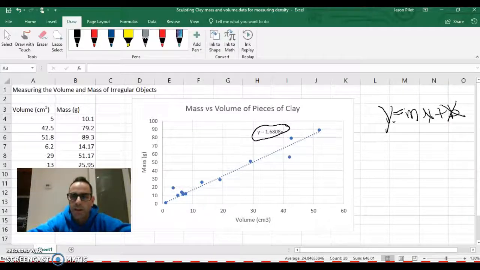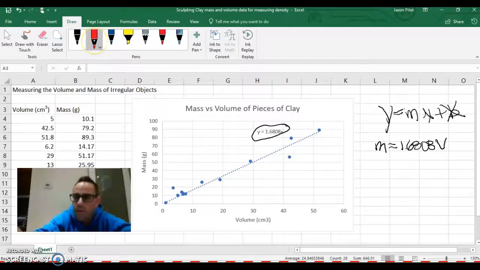So if I put in mass for y, mass = 1.6808, and I put in volume for x because that's what it represents, I now have a relationship. If I want to find my mass, I multiply my volume by 1.6808, and that gets me my mass. If I want to find my volume, I would do the opposite. I would divide the mass by 1.6808, and that would give me my volume.